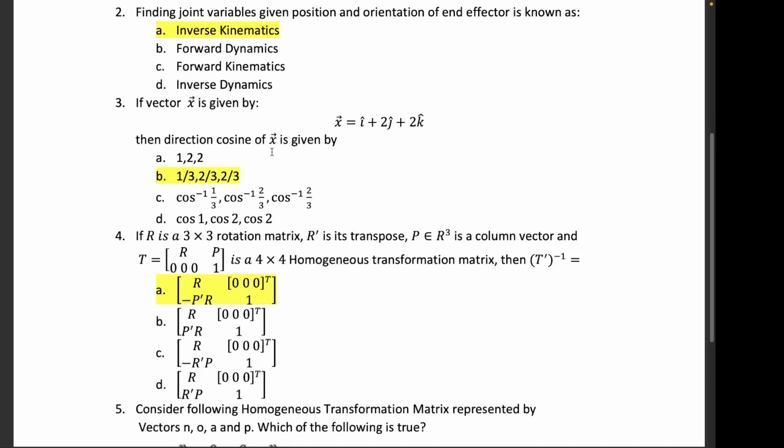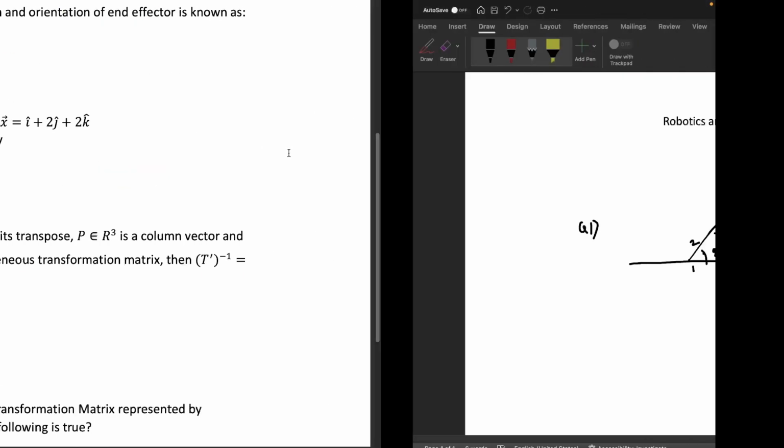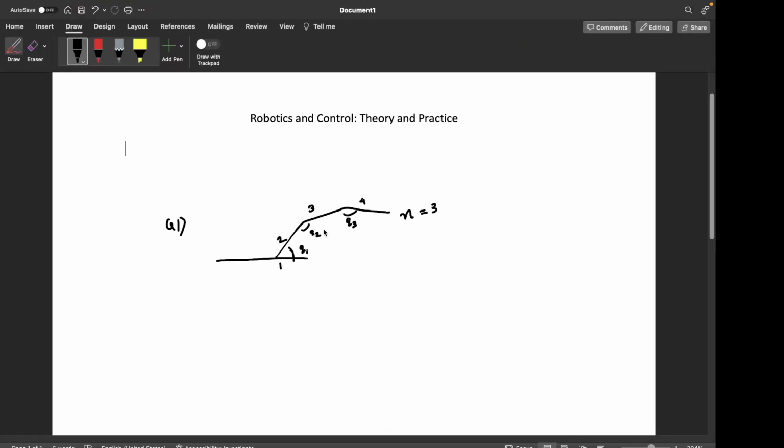compute the direction cosines. Okay, so the direction cosines of a vector.